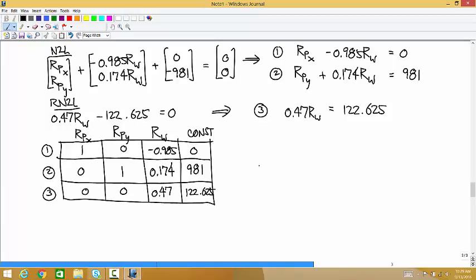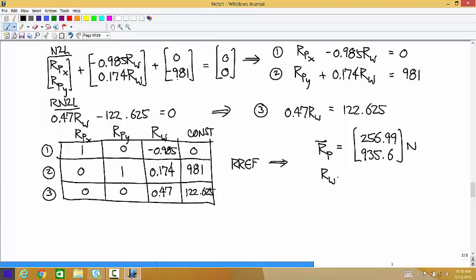Those two are 0. Reduced row echelon form gives us the force vector RP is 256.99 and 935.6 Newtons. And then RW is 260.90.